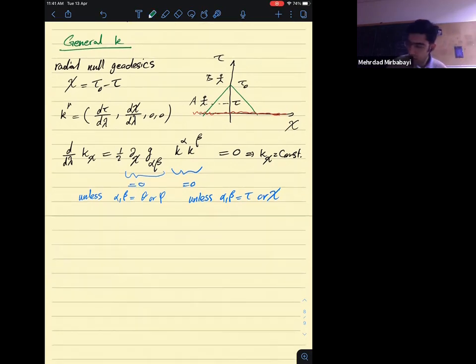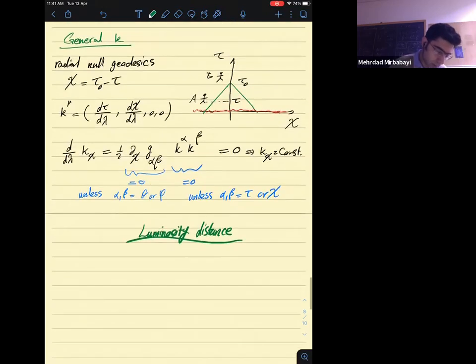So we want to ask, so this is something that allows us to define something called luminosity distance, something that people call luminosity distance.